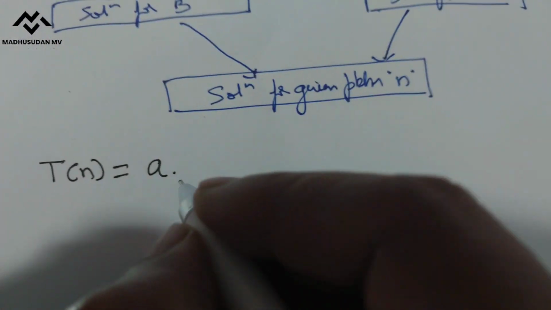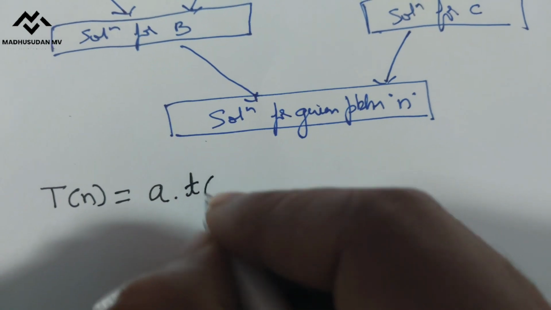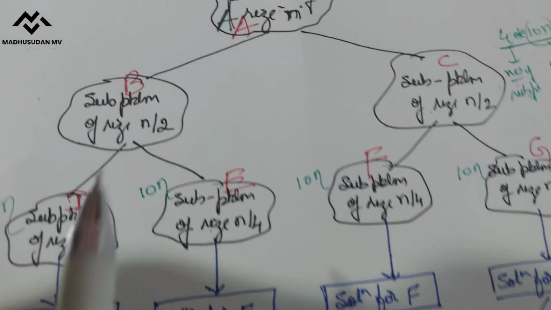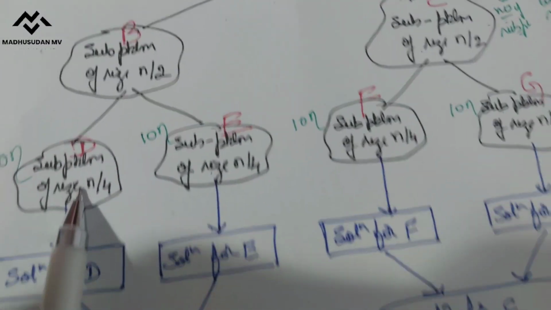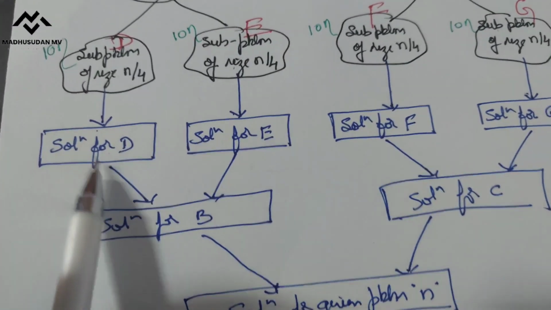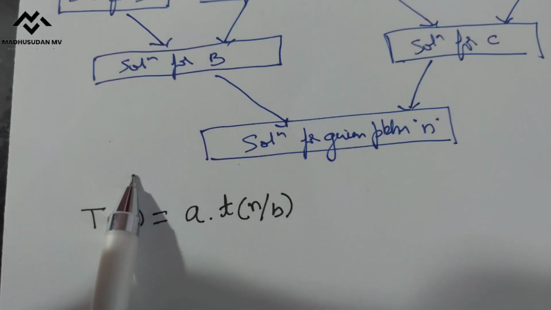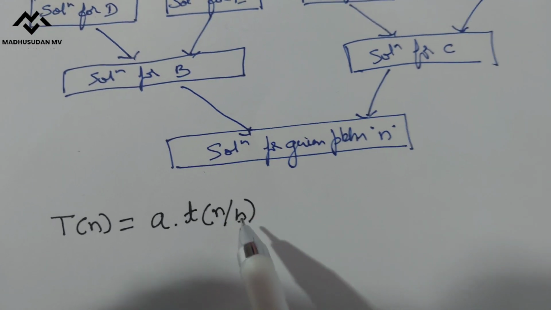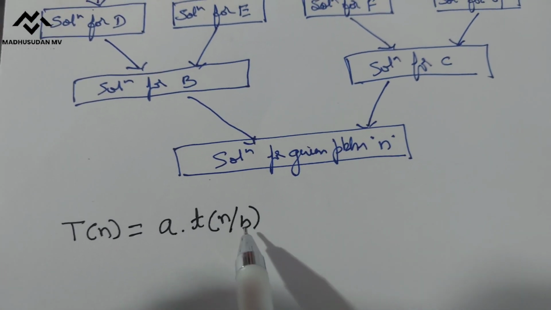I write that as the time taken to solve a subproblem of size n by b. Why am I taking n by b? Here it is n by 2, here n by 4, next level n by 8, next level n by 16, next level n by 32. It goes on, so in general I am taking b. Here b decides the problem size.